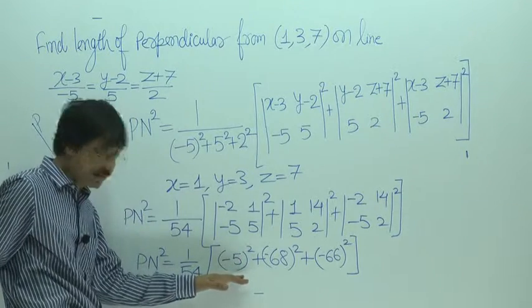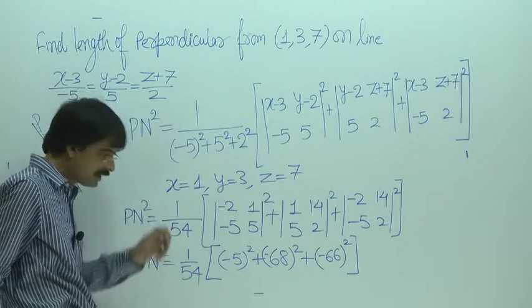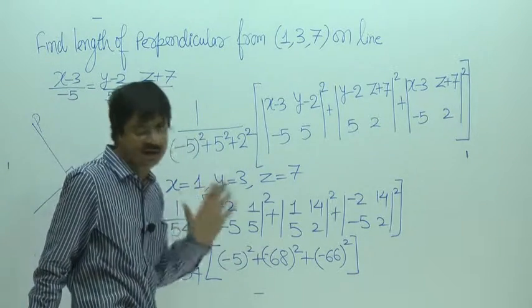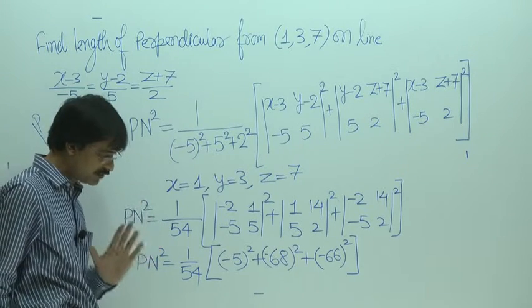We can calculate these values, divide by 54, and you are going to get PN square. You will have to remember that what you are getting is the square of the length of perpendicular. So finally you will have to take the square root to find the length of perpendicular. Do take care of this fact.